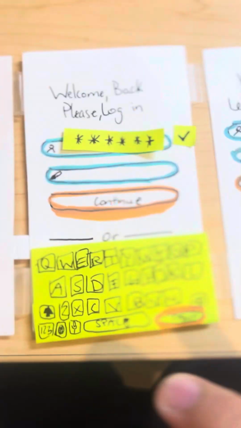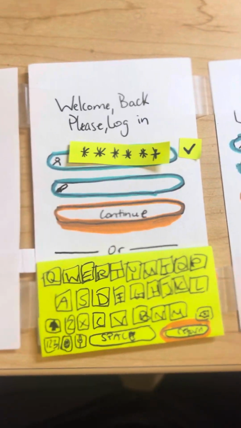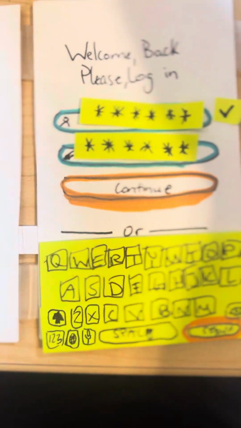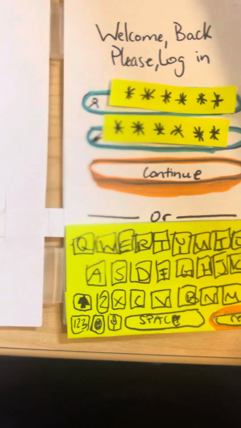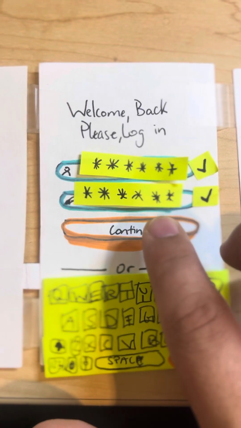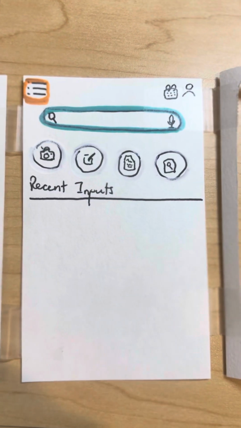Once they type in the password, the data will be shown, and yet again it will show that the data is authenticated, right? And they can click continue to go to the home page.